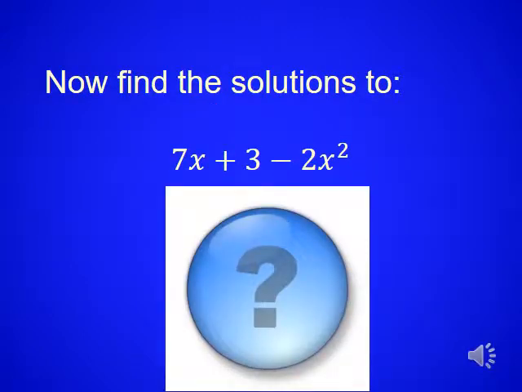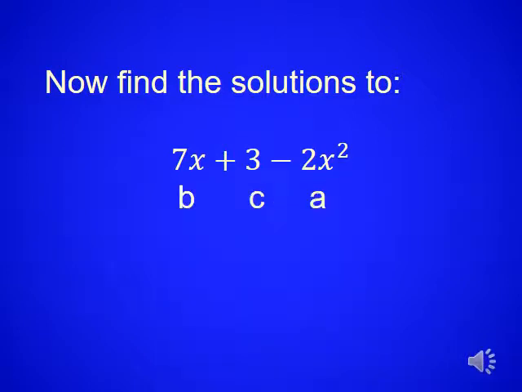Let's see if you can come up with the answers for this one. The thing that's most important here is exactly what you did a couple of weeks ago in class.